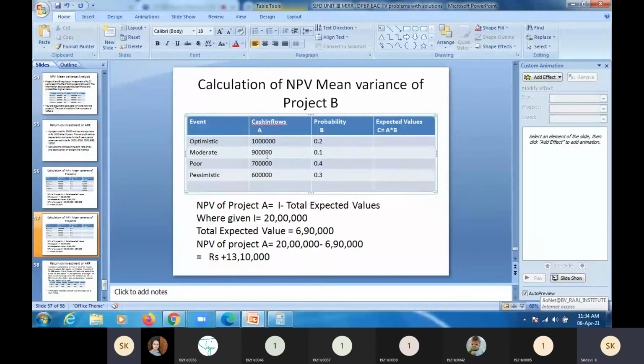Okay, 10 lakhs, 9 lakhs, 7 lakhs, and 6 lakhs.